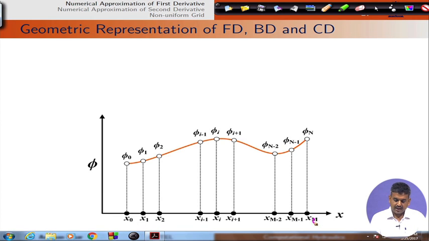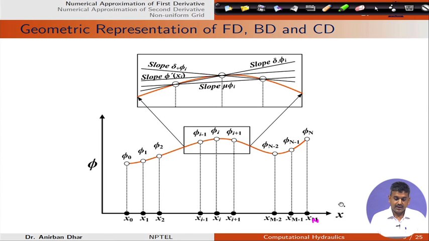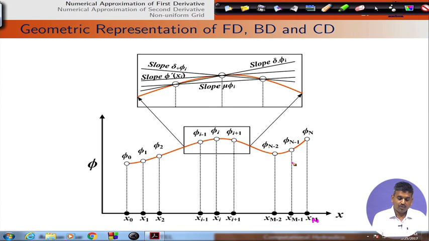We can see that the slope between the points xi minus 1 and xi plus 1 represents the center difference, the slope between i minus 1 and i represents the backward difference, and the slope between the points phi i plus 1 and i represents the forward difference.